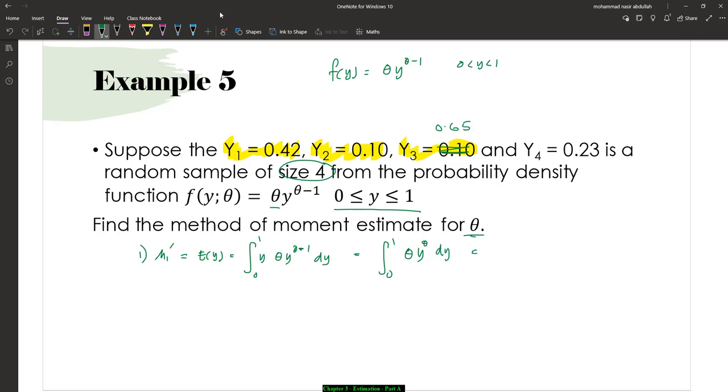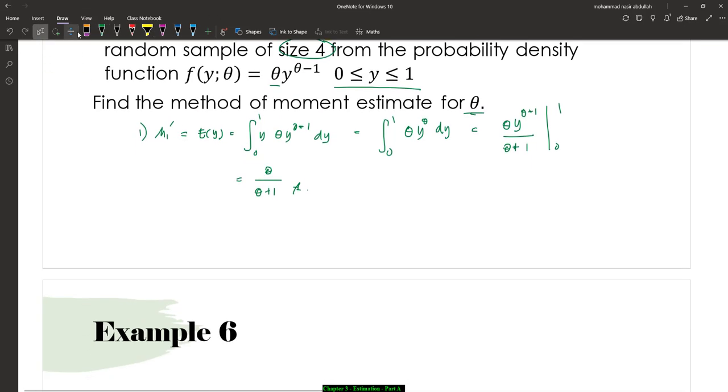So if you integrate, this one should be theta y power of theta plus 1 divided by theta plus 1 from 0 to 1. So this one should be equal to theta divided by theta plus 1. So this is the first moment about the origin.